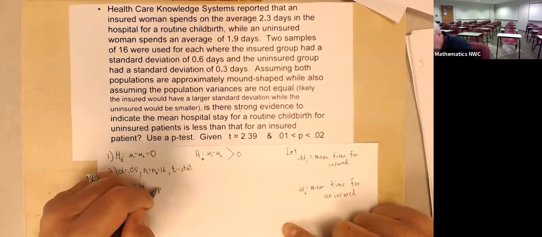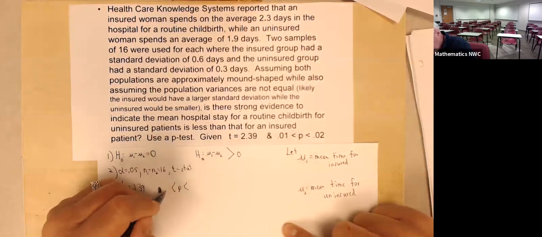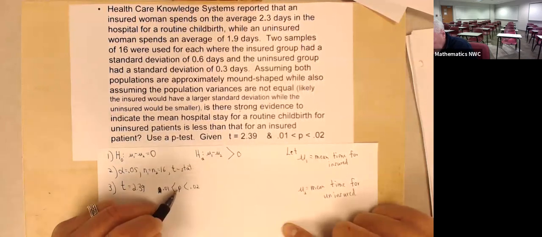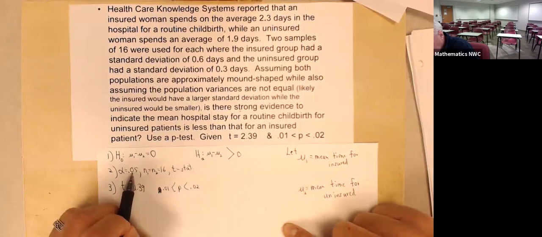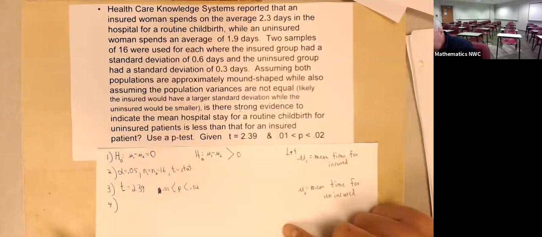They give us the p-value. They tell us it's between 0.01 and 0.02. I don't know exactly where it is, but it doesn't matter because any place between those two is less than my alpha, which means I got sufficient evidence. So I'm going to write that down now.